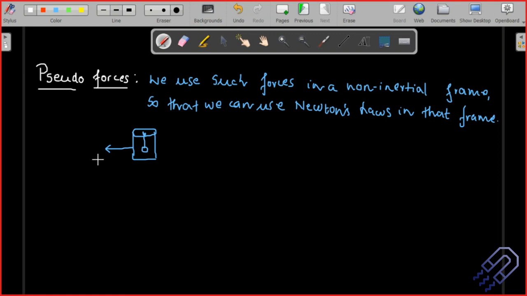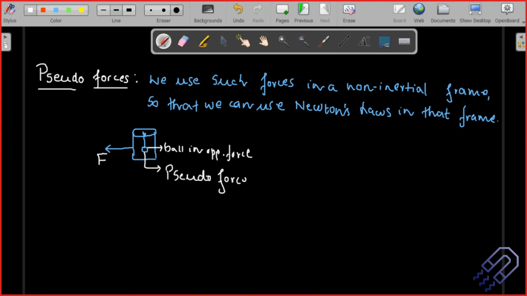Now if you apply a force in this direction, the ball will actually tend to move in the opposite direction. So that's the force that is acting on it. And this force which is acting on the ball is actually the pseudo force. So this is a good example of pseudo force.